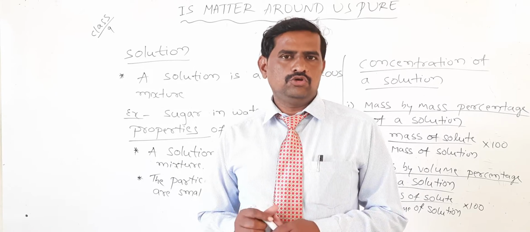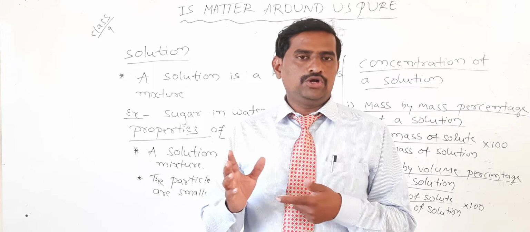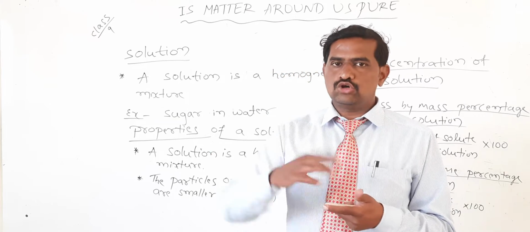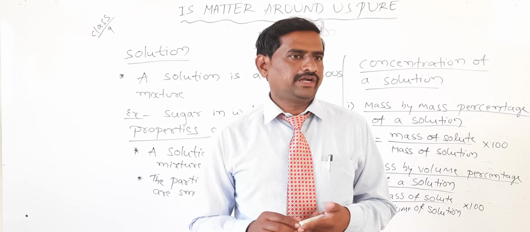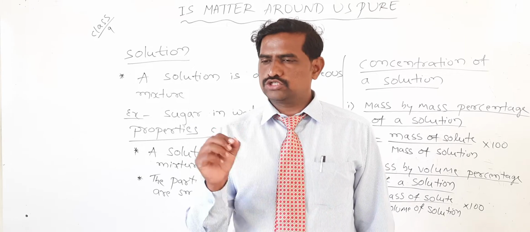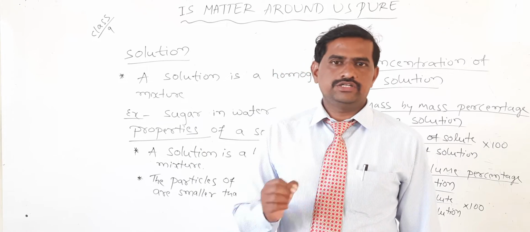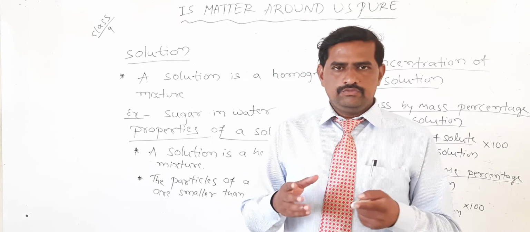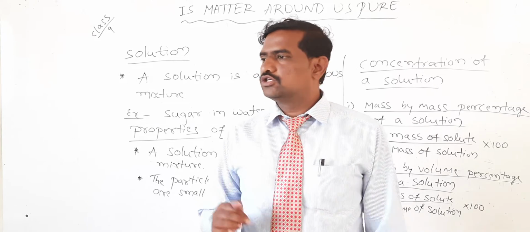Solvent means water. Solvent is the component in which the solute dissolves. For example, in the sugar solution, water is the solvent. What is a solvent? And that which dissolves in the solvent is called a solute.